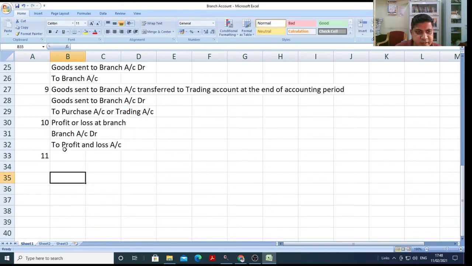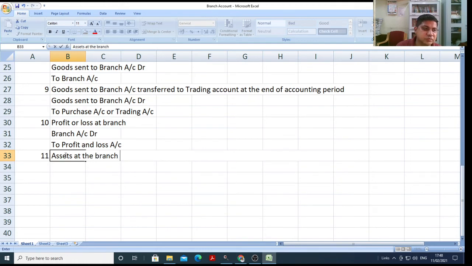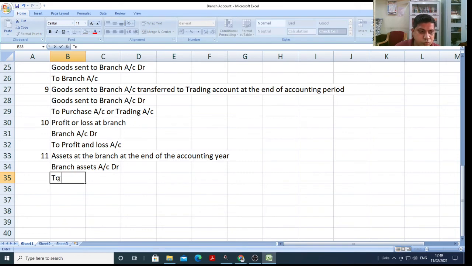Now next entry, 11 number, assets at the branch at the end of the accounting year. Entry will be branch assets account debit to branch account.